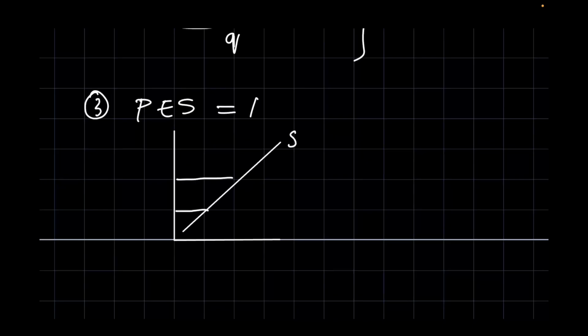So your change in supply should match the change in the pricing. This is when the percentage change in quantity supplied equals the percentage change in the price. And this is called unitary elastic supply.